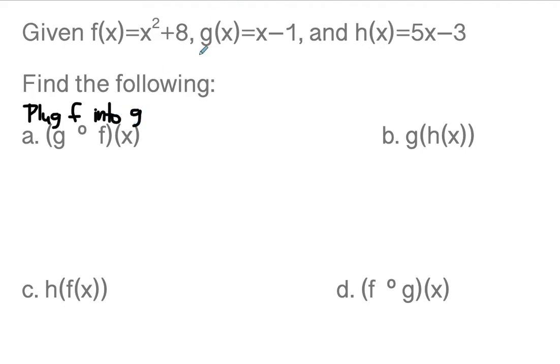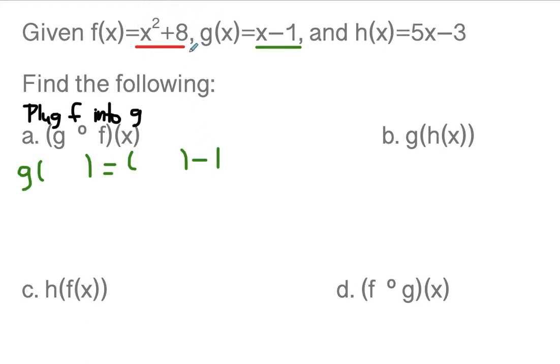So let's say I have f is x squared plus 8, g is x minus 1. So let's go ahead and write down g of something equals x minus 1, but what am I replacing that x with?